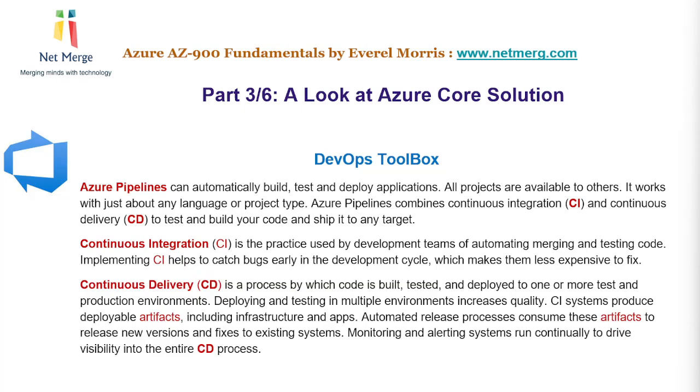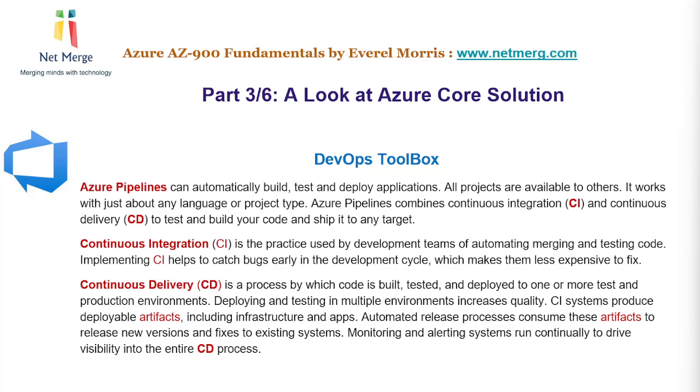Continuous delivery is the process by which code is built, tested, and deployed to one or more test and production environments. Deploying and testing in multiple environments increases quality. The CI system produces deployable artifacts, including infrastructure and apps. Automated release processes consume these artifacts to release new versions and fixes to existing systems.